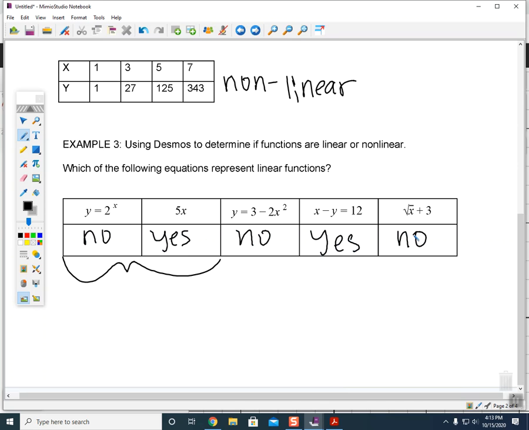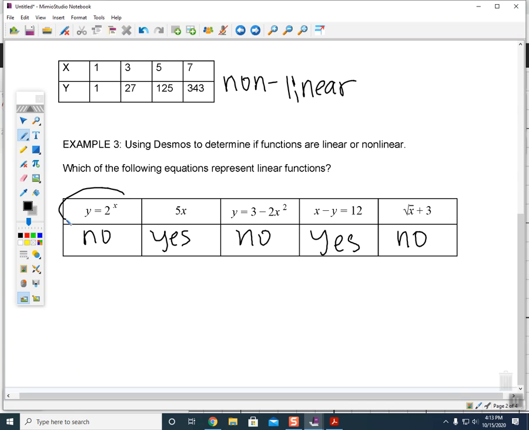Okay, we can find a pattern in what our functions look like in terms of their equation that will clue us in on how we can figure out whether or not a function is a linear function just by looking at the equation. So if you look at this and notice, what do the ones that are not linear have in common?